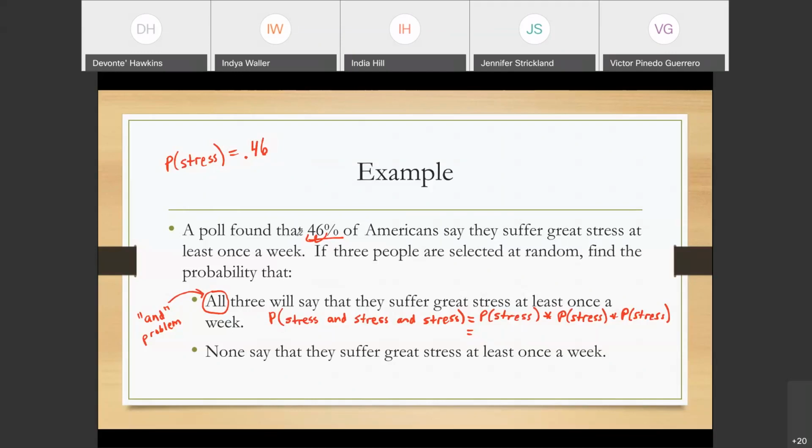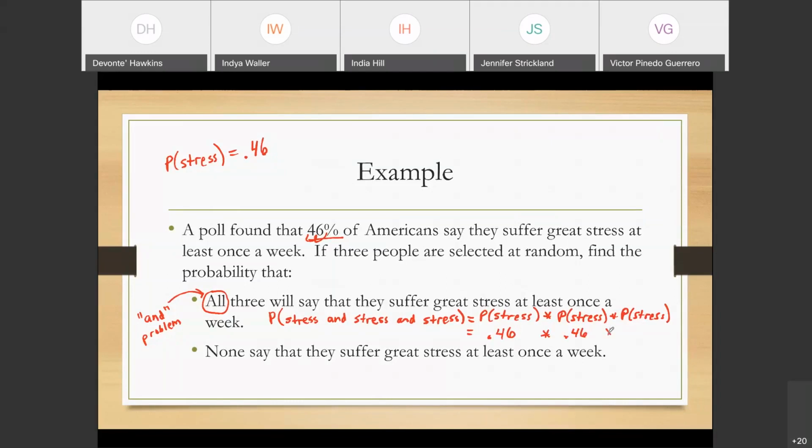All right, so when I look at my first person being stressed, the probability that the first person is stressed is 0.46. And then I go to the second person and ask, what's the probability that the second person is stressed? That is also 0.46.